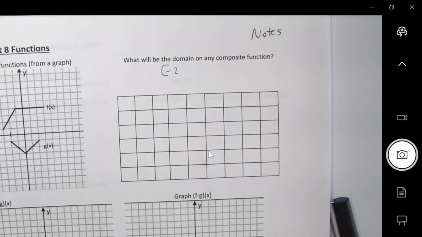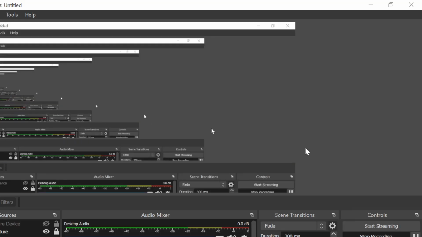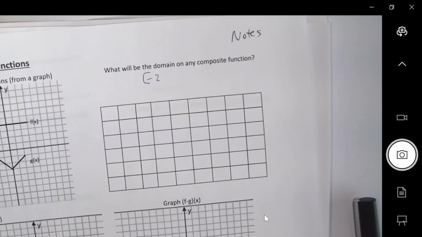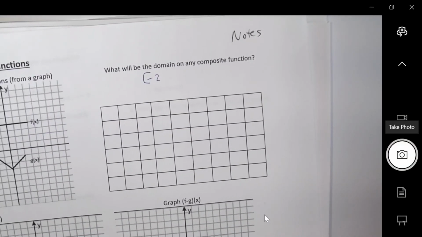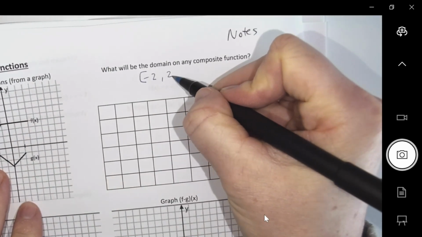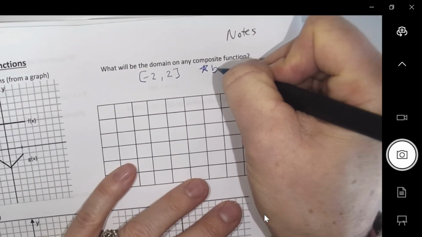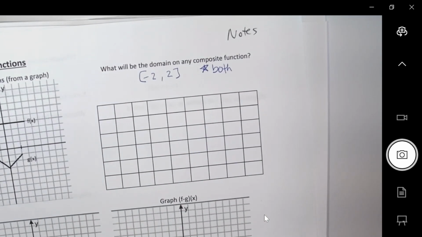Can somebody go through theirs and see if they accidentally got a double? Okay, and then how far right can we go where both functions exist? So I can go to 2. Okay, so we're worried about them both existing. That's the big idea.